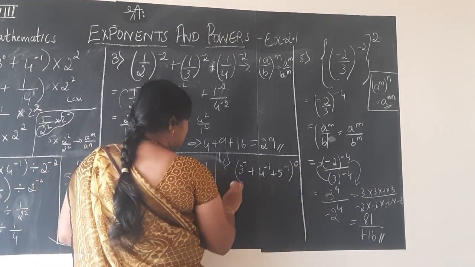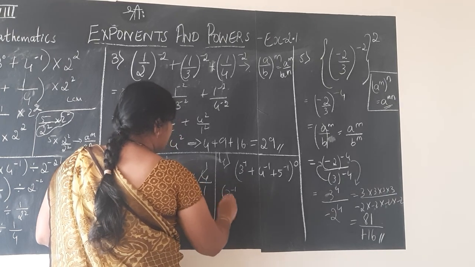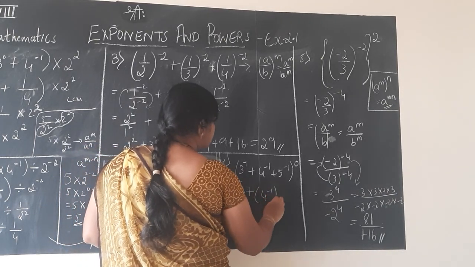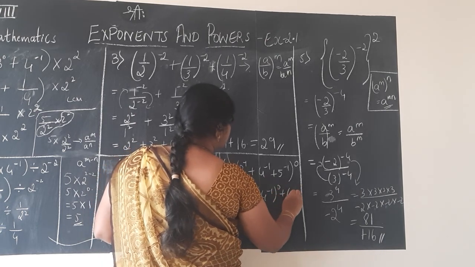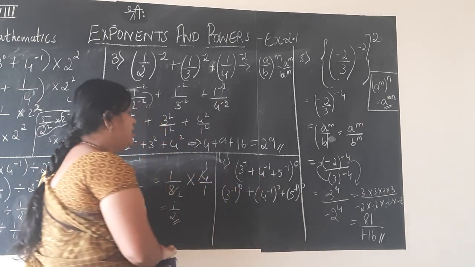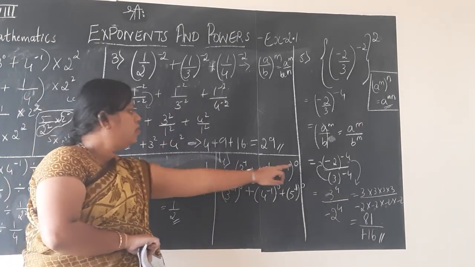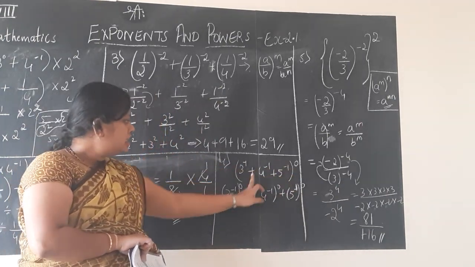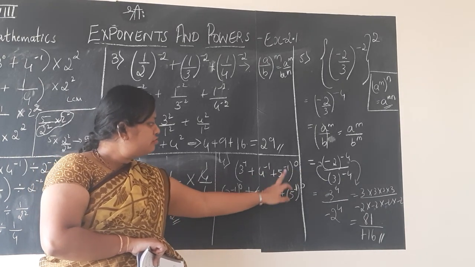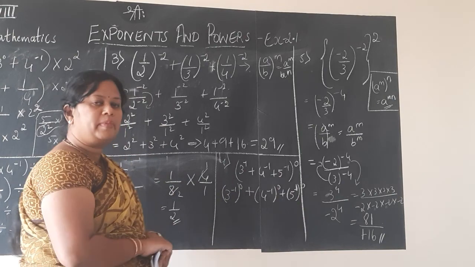Whatever the power is given, let us apply it individually to all the terms. Like this: 3 power minus 1 whole to the power 0 plus 4 power minus 1 to the power 0 plus 5 to the power minus 1 to the power 0.